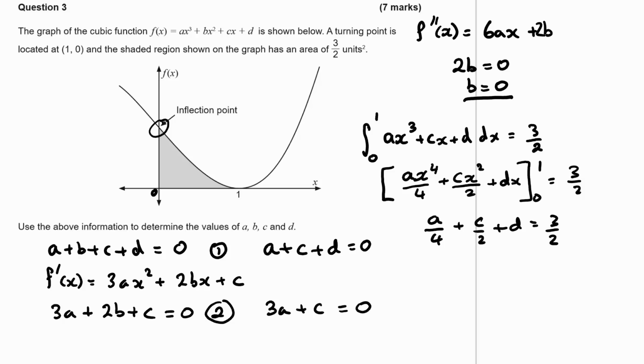Multiplying through by 4 gives me a + 2c + 4d = 6. So let's just call this 1 dashed because it came from 1, 2 dashed there, and let's call this one equation 3. Okay.